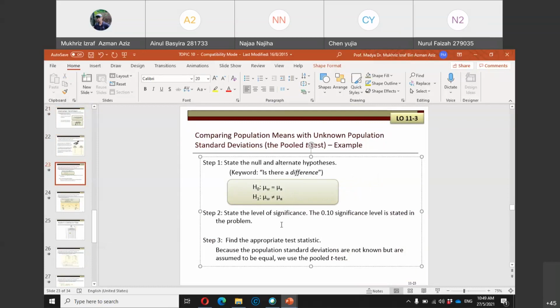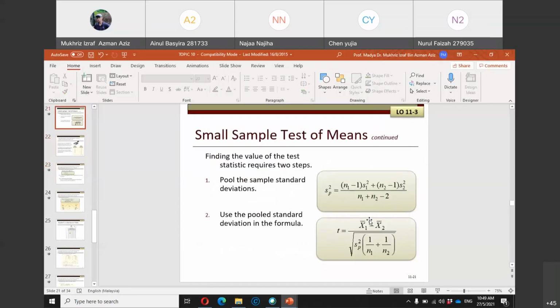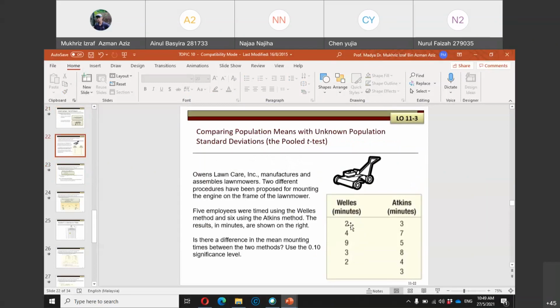But if another student puts it the other way around, mu A not equal to mu W, then in the calculation X bar 1 will be Atkins minus Wallis, because you define Atkins first. So you must be consistent in how you write down your answer later on.